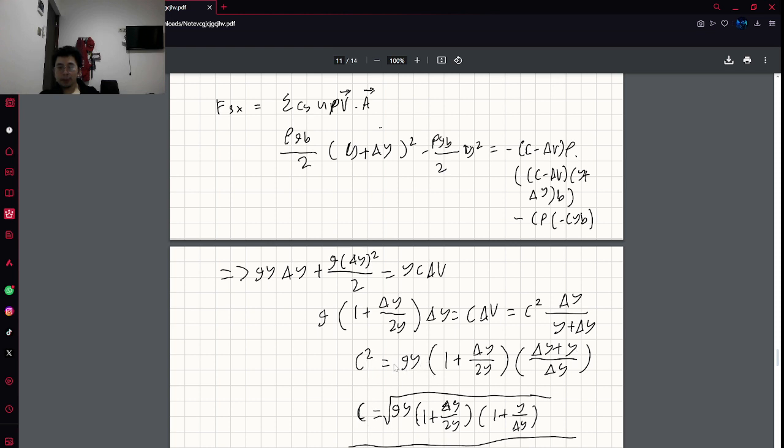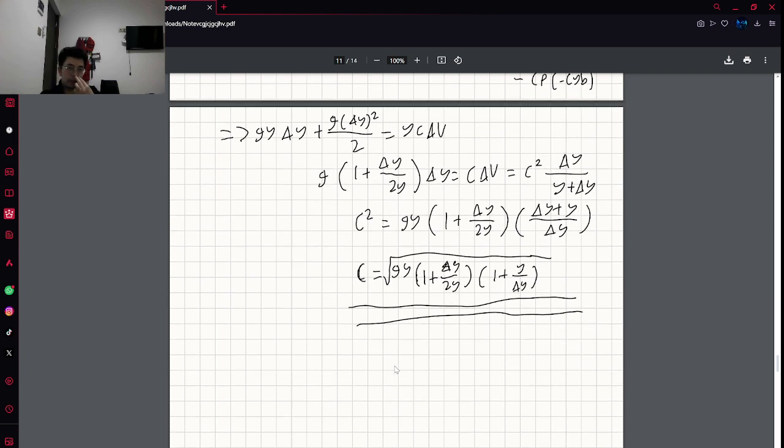Then we can move the square into a root of this equation.